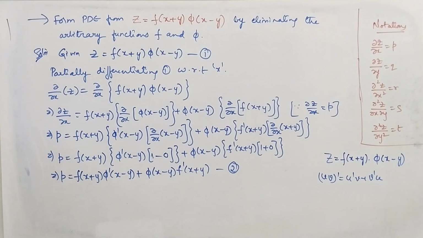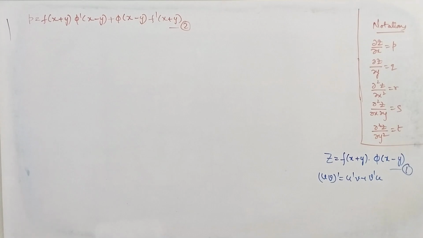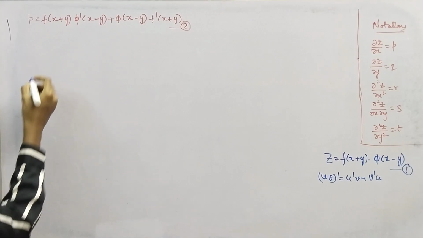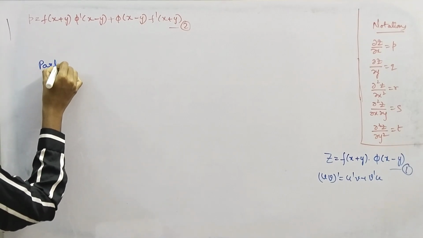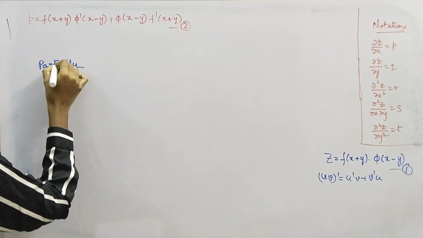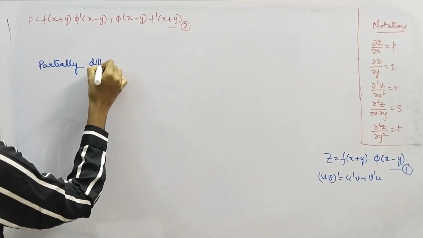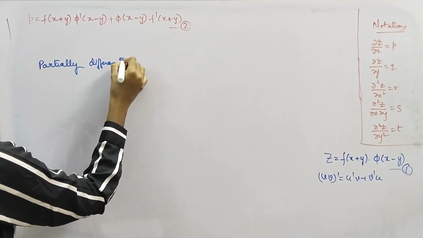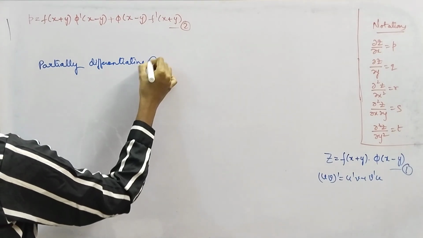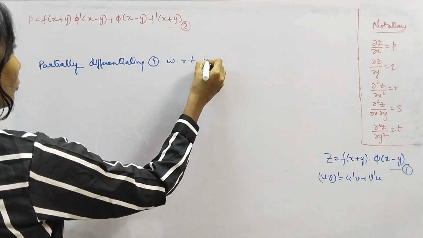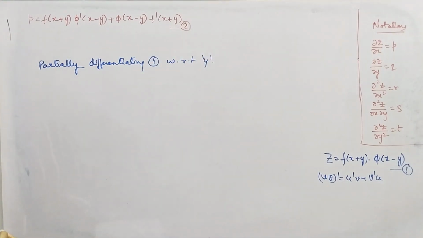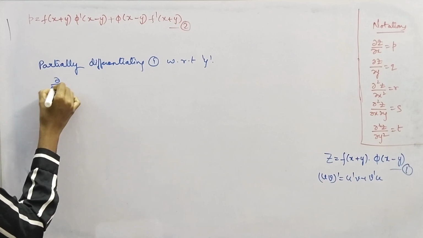Okay, now let's partially differentiate 1 with respect to y. Just apply dou by dou y on both sides of 1.